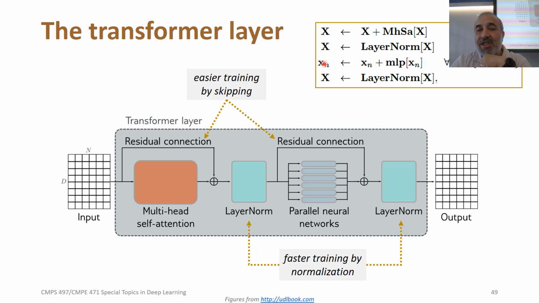Then each vector, that's why it's small x now, which is a vector for one word, is going through MLP, multi-layer perceptron. This is another name for a fully connected network.